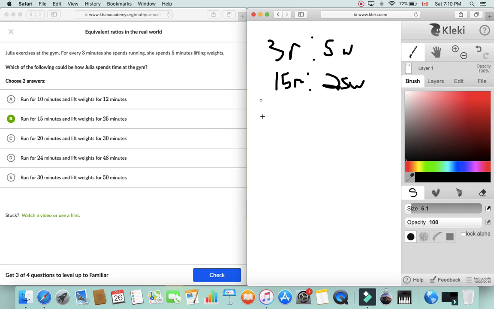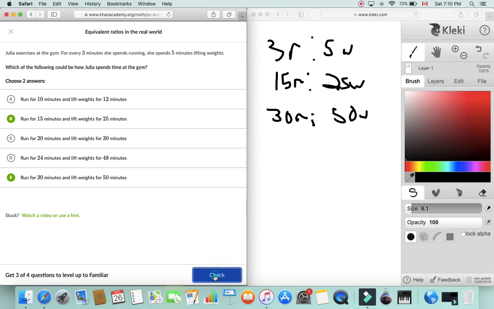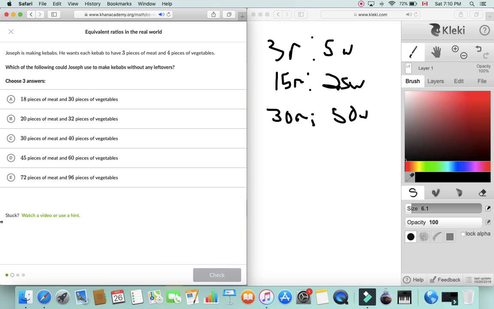Okay, so how about this? We can do 24, but how about the other side? Times 8. Can we times 8 by that? It should be 40. Nope. It's wrong. 30 minutes. Okay, so that's times 10. And 50 minutes. Okay, that works. Woohoo! And those are 2 answers. Let's go.